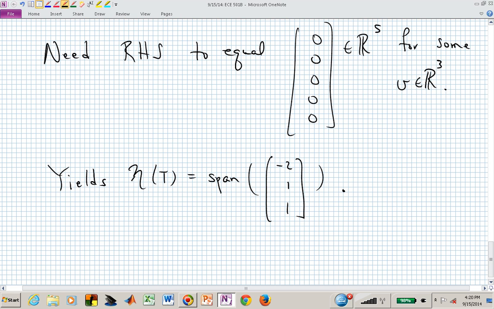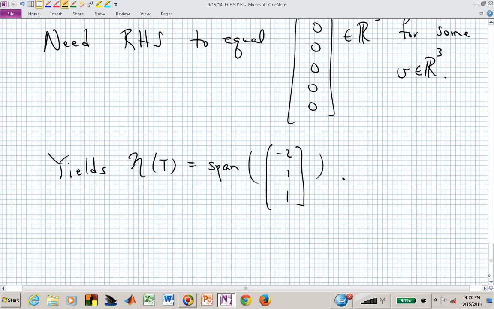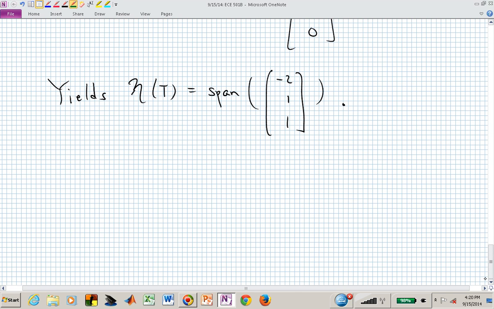Now this one's a little non-traditional, meaning we typically don't go from a small dimensional domain to a higher dimensional codomain and expect to necessarily find a non-trivial null space. That's not that easy to do or not that common.